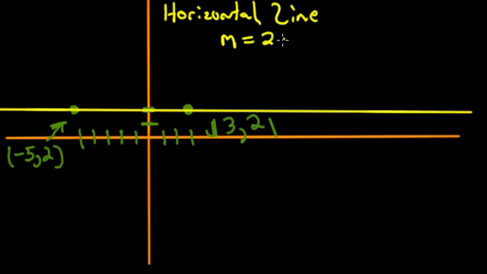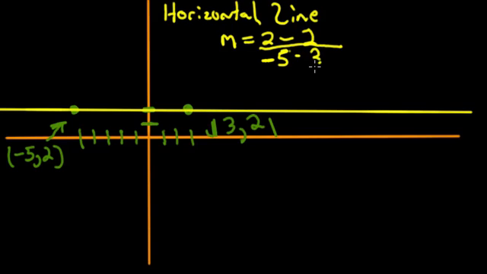So we're going to have the difference in the y values, 2 minus 2, over the difference in the x values, which is -5 minus 3.